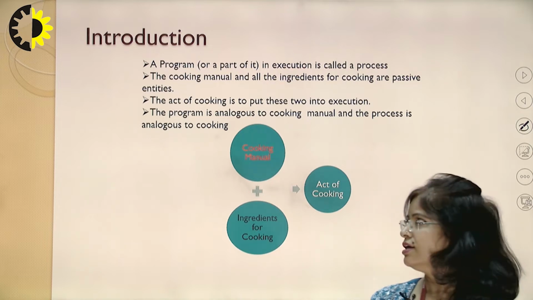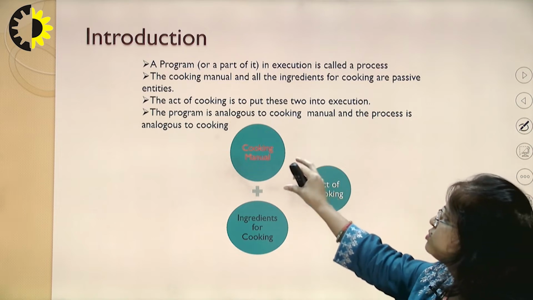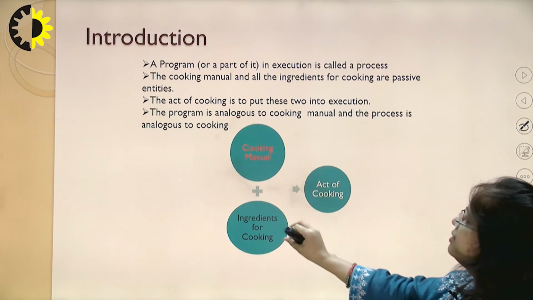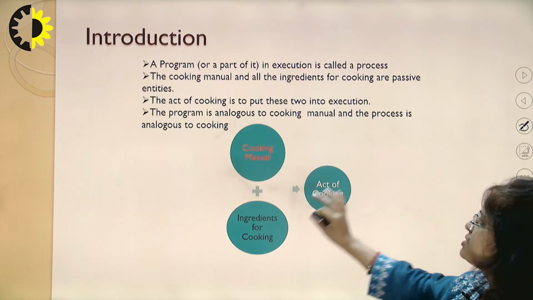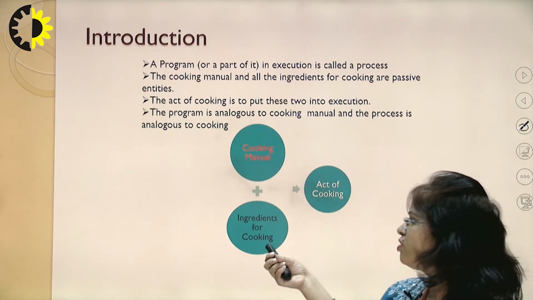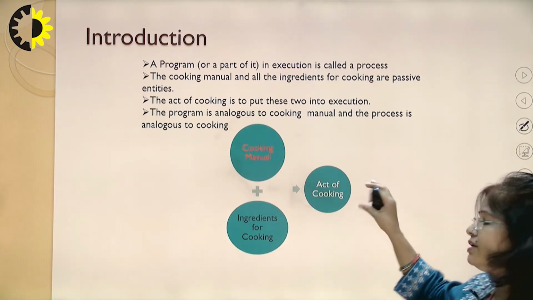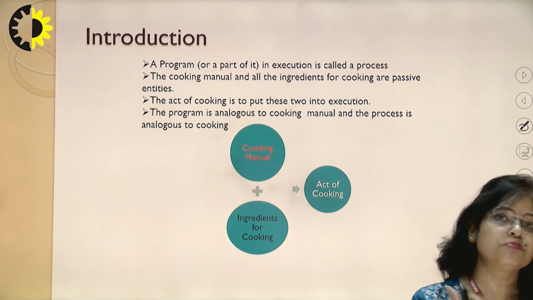So, here the program is analogous to the cooking manual and the process is analogous to cooking. The cooking manual and ingredients for cooking are considered as a program and the act of cooking is just like a process.